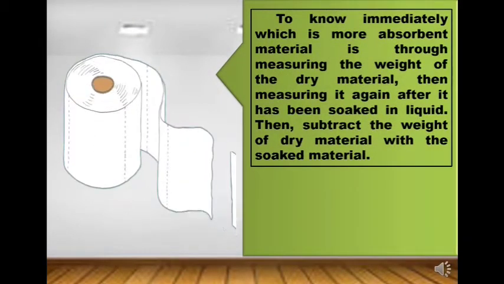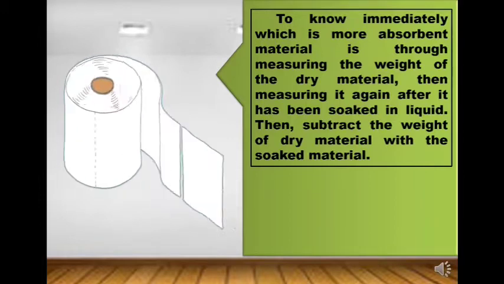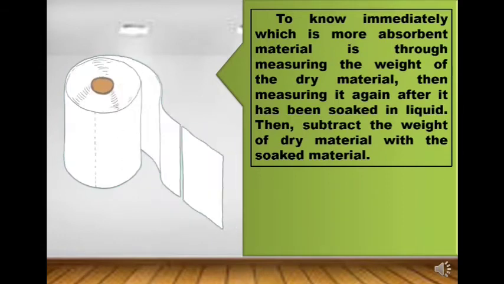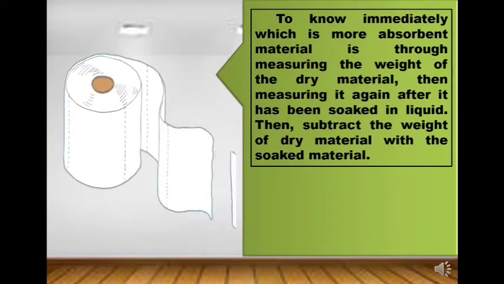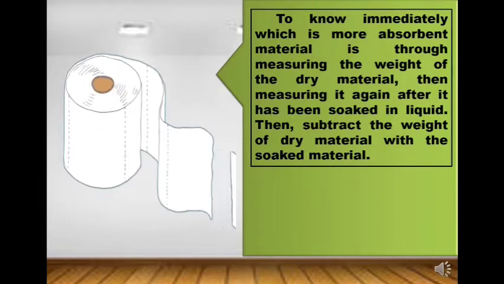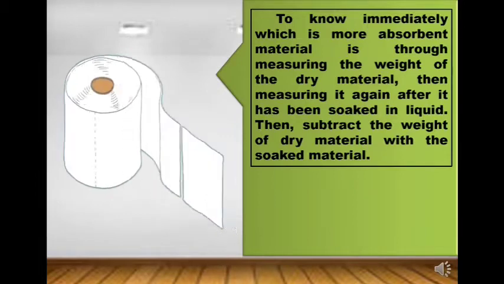To know immediately which is more absorbent material is through measuring the weight of the dry material, then measuring it again after it has been soaked in liquid. Then subtract the weight of dry materials from the soaked materials. Ayan, para daw malaman kung sino ang mas maraming nasipsip or na-absorb na tubig, kailangan ma-measure ang kanilang weight.